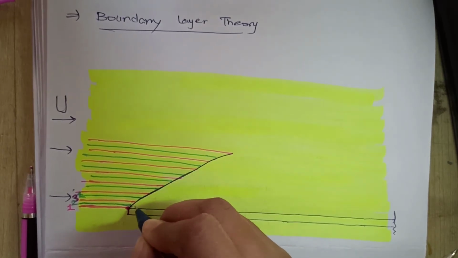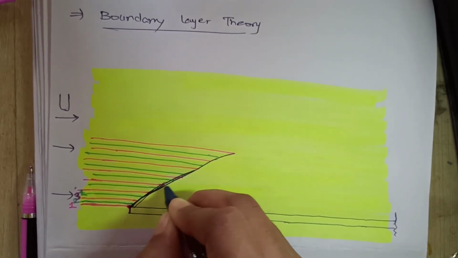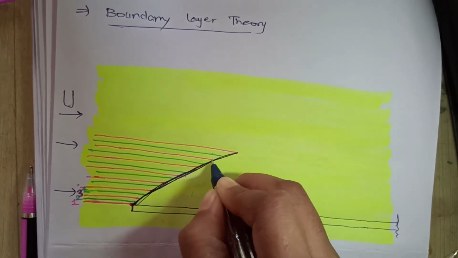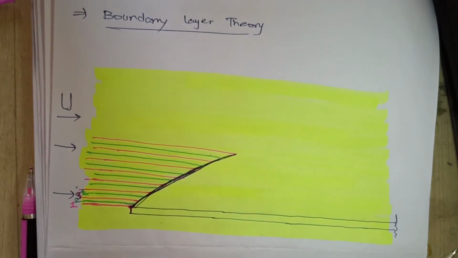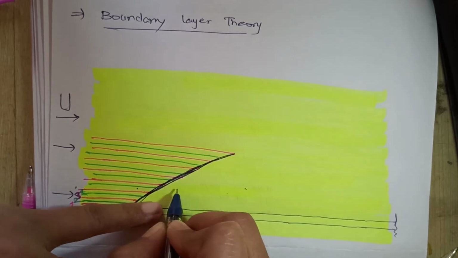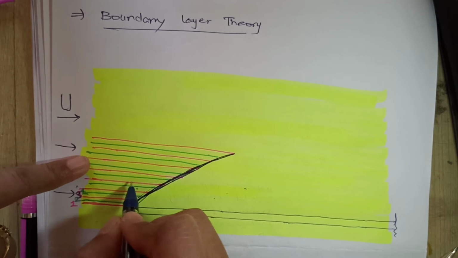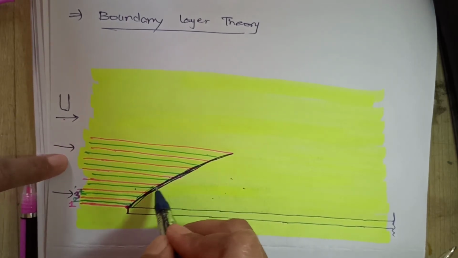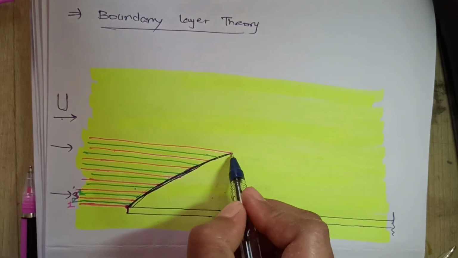It is actually a curve like this. Okay, so beyond this layer the velocity was very low. Up to this curve the velocity of the flow was capital U, but beyond this boundary layer the velocity reduced.